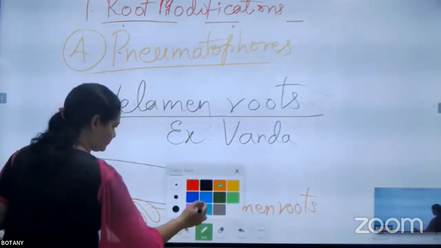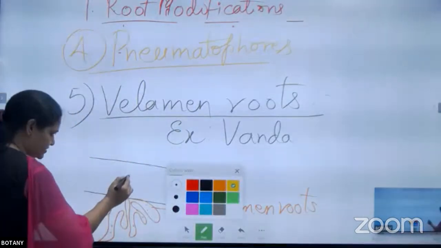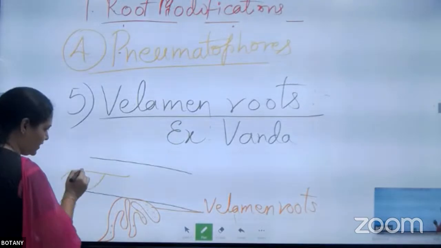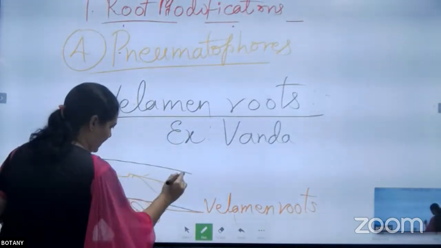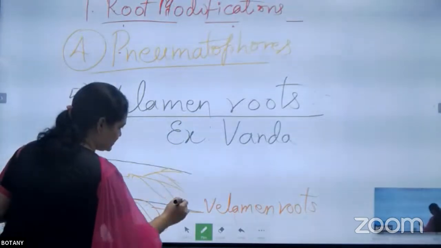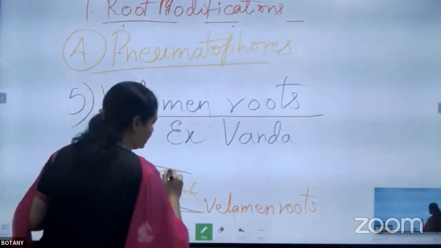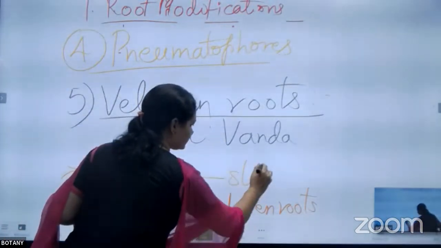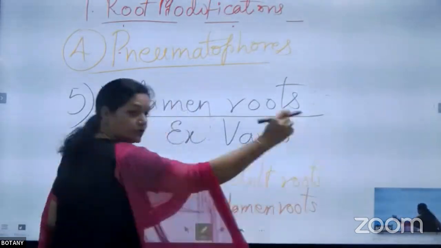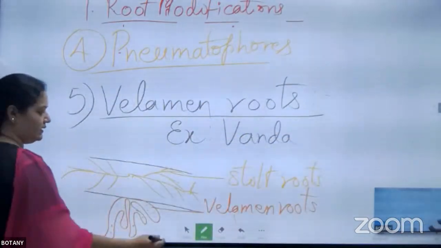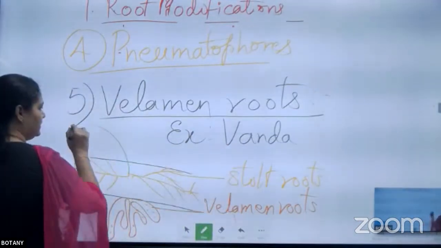And the other roots which will go into the host branch, having tapering ends and highly branched, are called the stilt roots. Stilt roots. And above this, it is having the leaves.